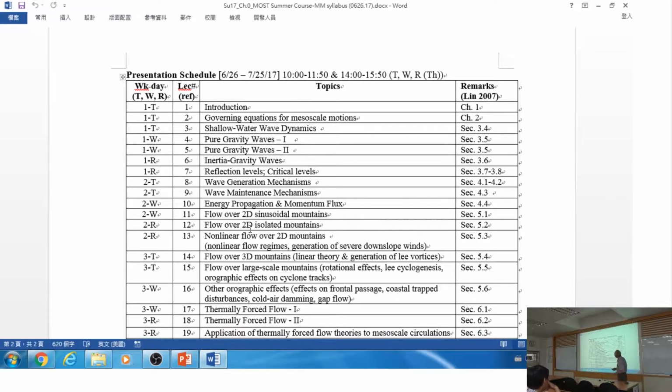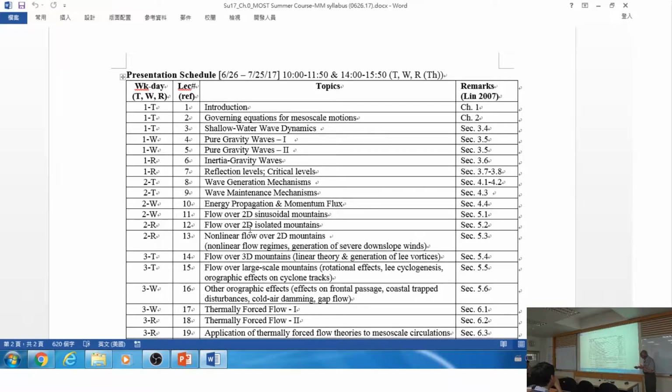Basically I give the introduction and talk about governing questions for mesoscale motion and shallow wave dynamics, then pure gravity waves and inertial gravity waves, reflection levels, critical levels, and then wave generation, maintenance mechanisms, energy propagation and momentum flux.